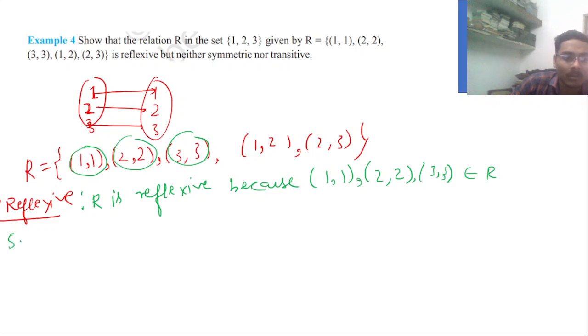Now if we come to the symmetric part, symmetricity says that 1 has to be with 2 and 2 has to be with 1. So in this set (1,2) is present but (2,1) is not present, so (2,1) will also have to be there.